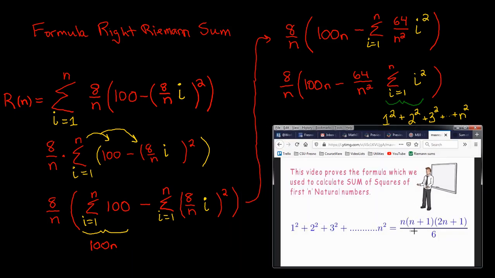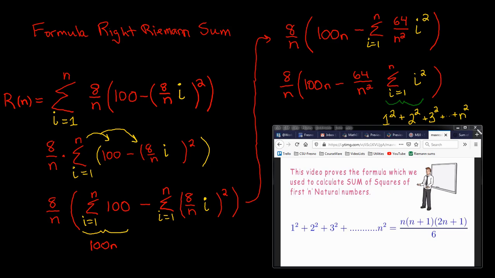And so actually here it is right here. If you want to add up 1 squared plus 2 squared plus 3 squared all the way up to n squared, there's actually a nice simple formula for that, which is really pretty amazing. So good job to all the mathematicians who figured this out. It's a real nice little formula. So we can put that to use in this problem.